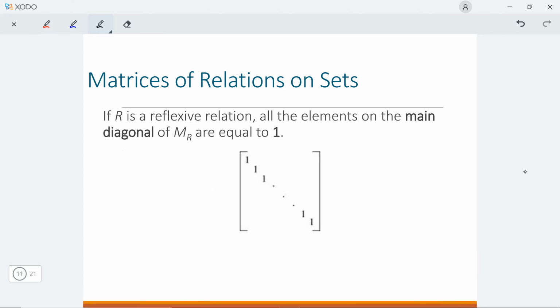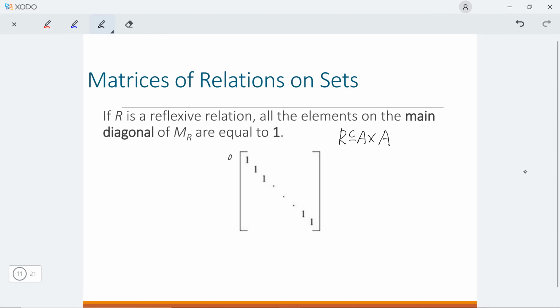Okay, so the first one is reflexive. For reflexive, if we find all of the diagonal values are equal to 1, then we know this is a reflexive relation. Why is this? Because the diagonal means the elements are the same. Say this is a relation defined on A times A, so the definition of our relation is defined on two sides, A times itself.